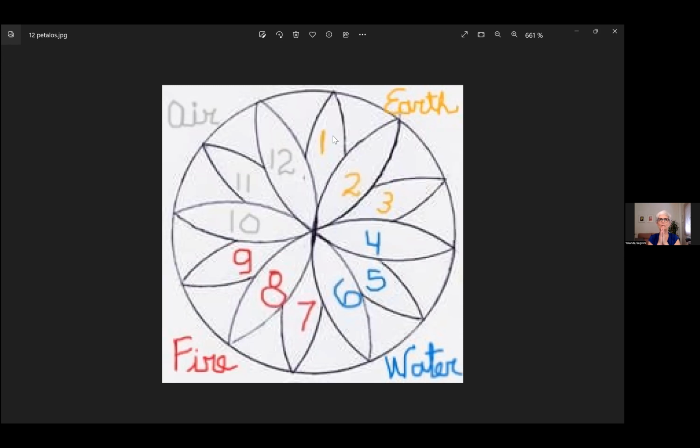And this is when we do our alignments, this is exactly what it is about: to establish these connections between the 12 petals of the heart with the 12 portals of the soul, and fix them in the heart.